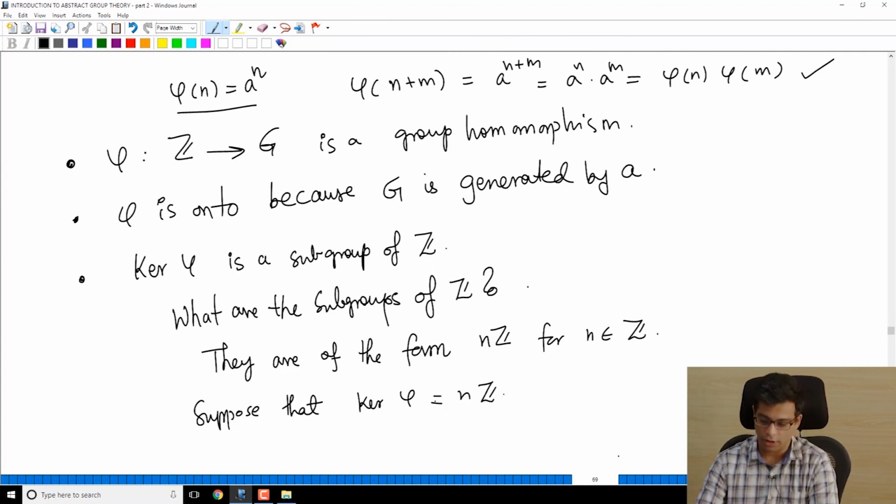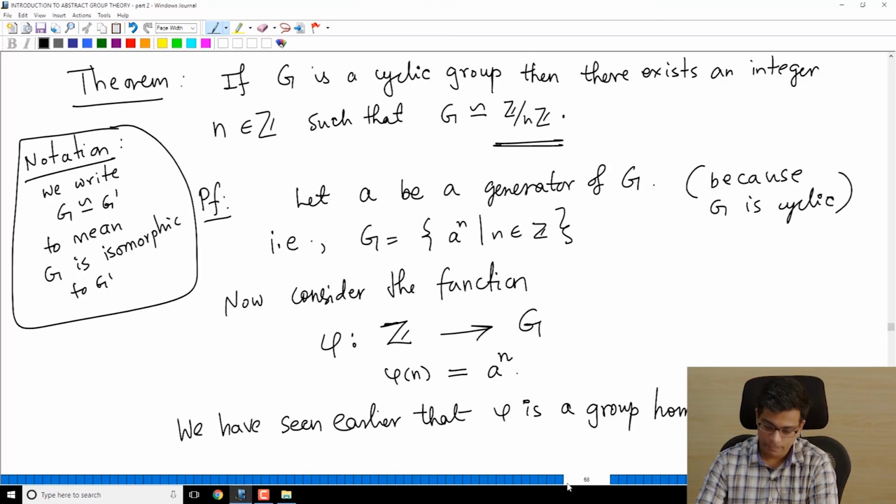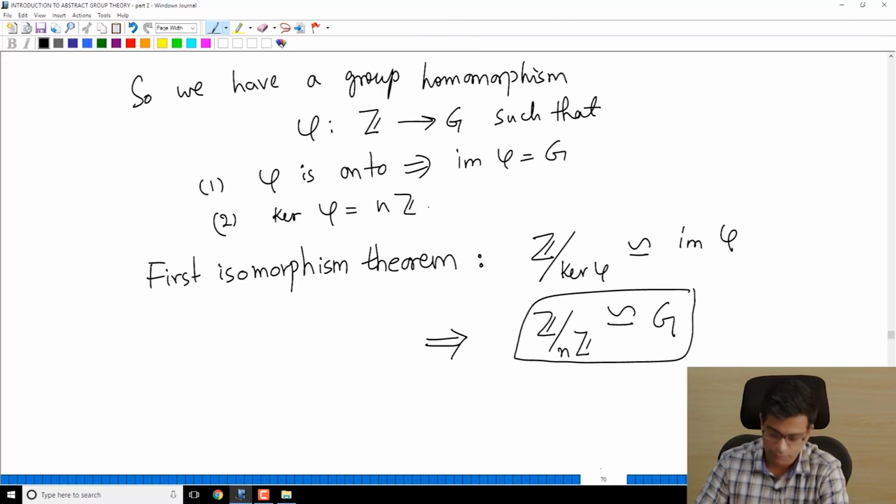We wanted to prove that if G is a cyclic group, there exists an integer n such that G is isomorphic to Z mod nZ. We have shown that, so this completes the proof of the theorem.